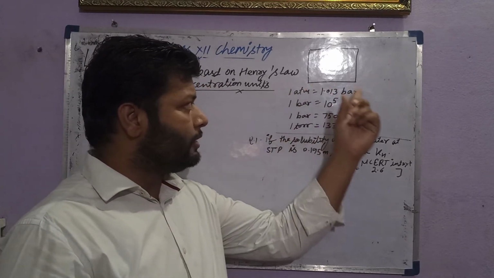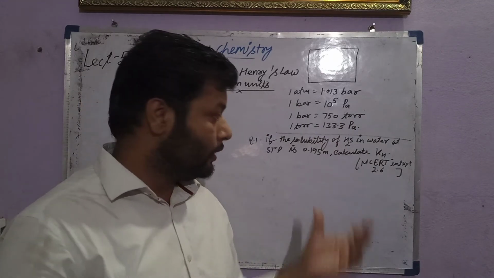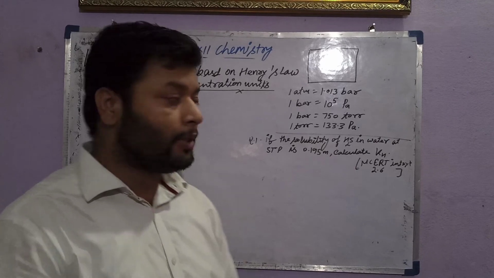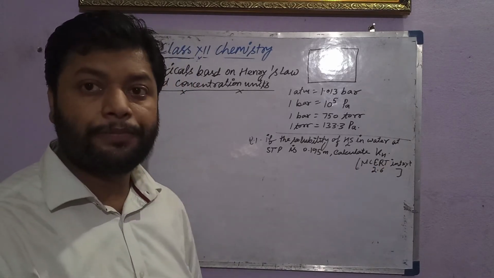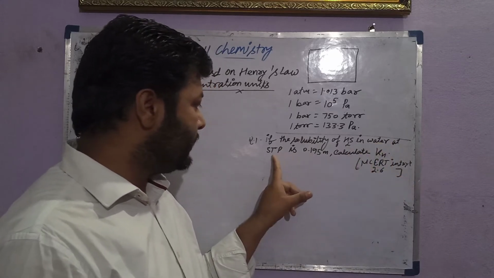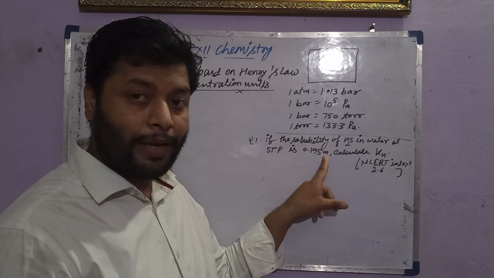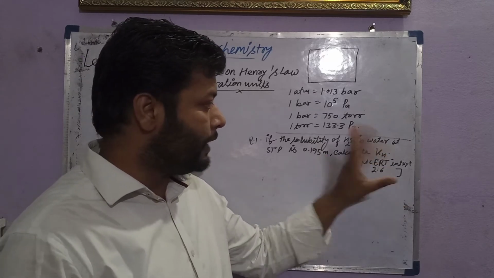With the help of these relations between units of pressure, you can solve different numericals. I am taking one question from in-text 2.6: if the solubility of H2S in water at STP is 0.195 molal, calculate the Henry constant.